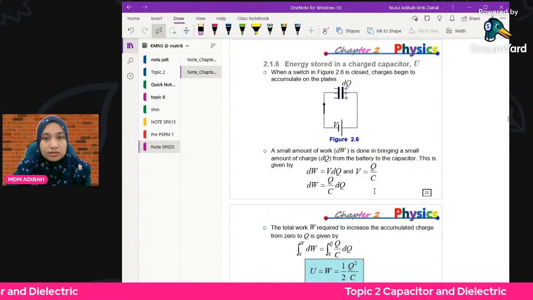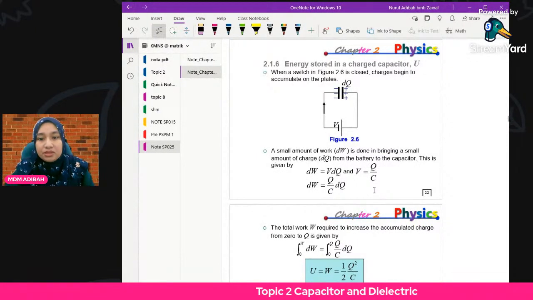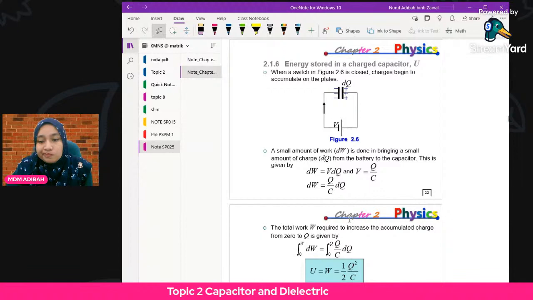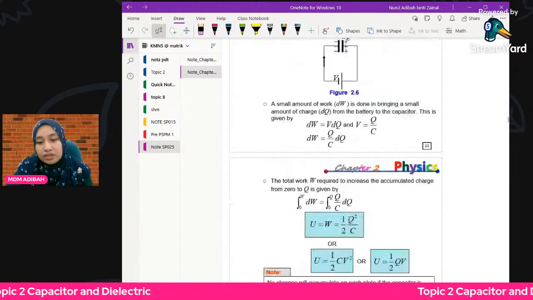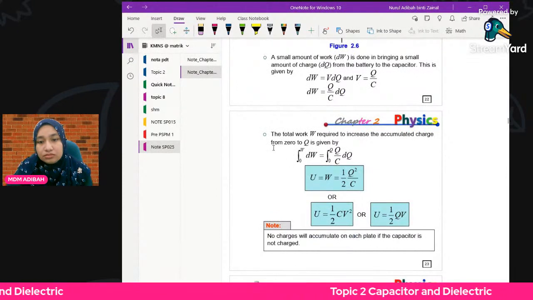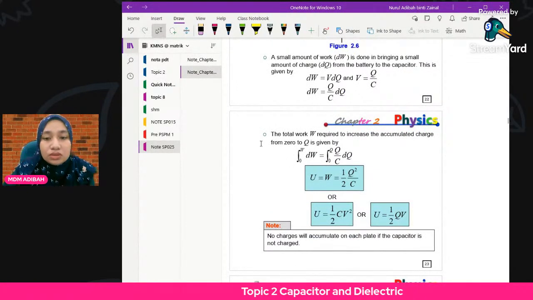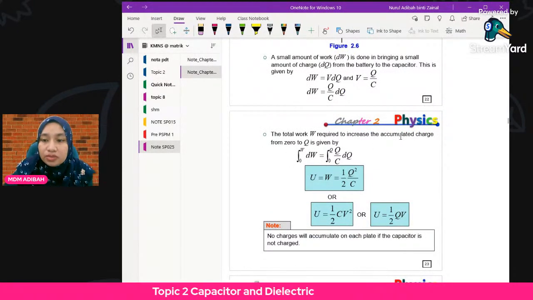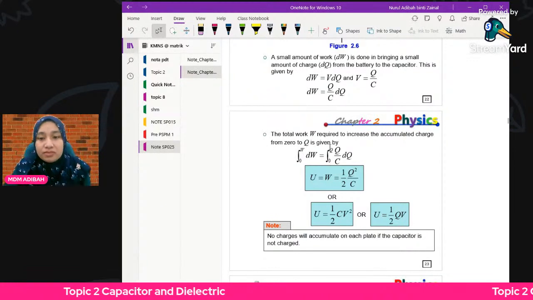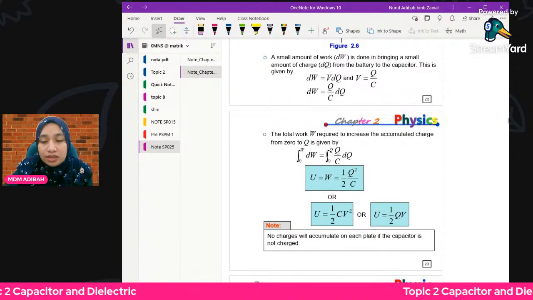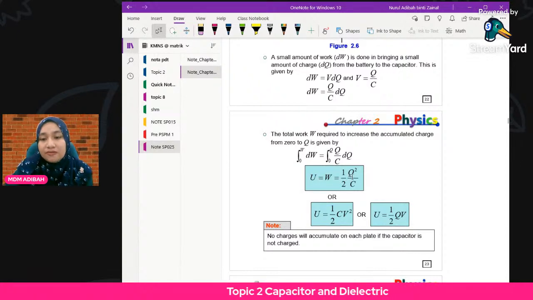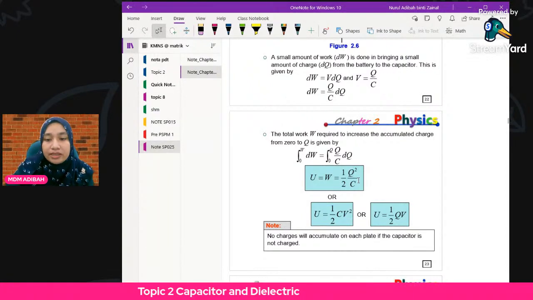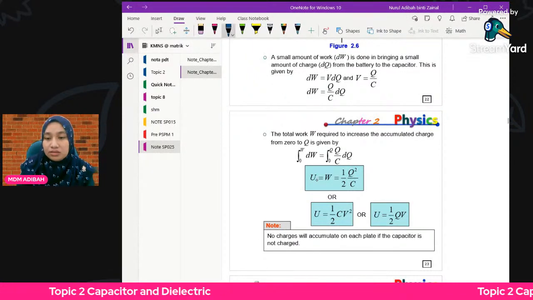Next, energy stored in the charged capacitor U. Yang ni awak tengok je lah, dia punya total work required to increase the accumulated charge from 0 to Q is given by, kita integrate. So U sama dengan W sama dengan half Q square over C. Dan macam mana daripada sini boleh jadi dua lagi equation.